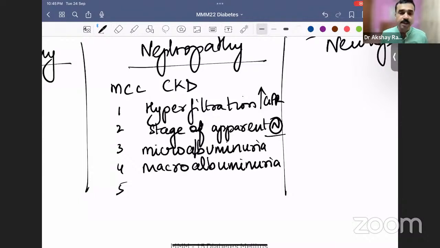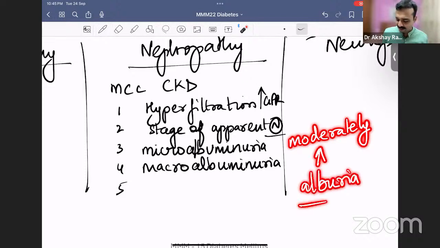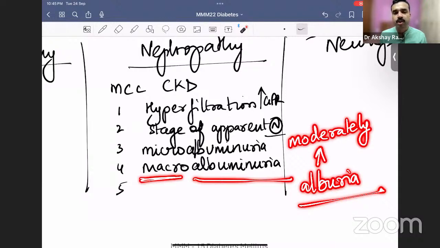What the American Diabetes Association prefers instead of microalbuminuria is the term moderately increased albuminuria, and macroalbuminuria is severely increased albuminuria. So the cutoffs have not changed. The cutoffs are the same, but the terminologies preferred by ADA have changed.